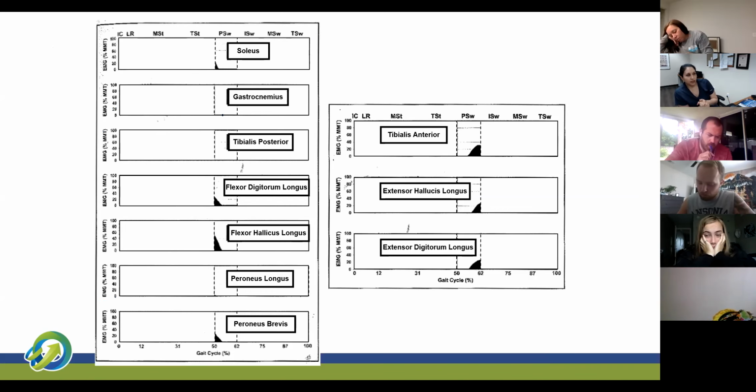So we're working eventually from concentric to no activity. It'll be a lot of concentric of the dorsiflexors: the tibialis anterior, as well as the extensor hallucis longus and the extensor digitorum longus. There's a little bit of the peroneus brevis, as we can see, and a little bit of the soleus.